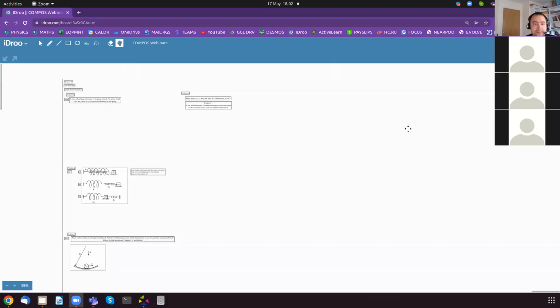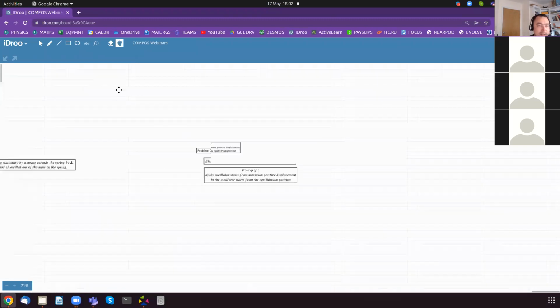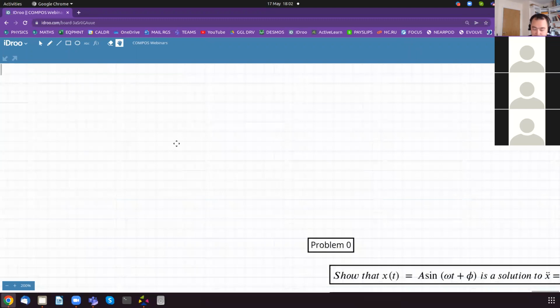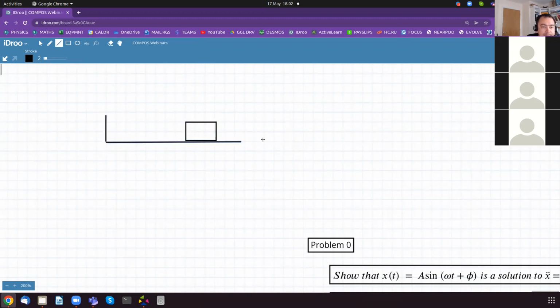to do some problems. Okay, so here's my screen. Let's just define simple harmonic motion. If you could imagine a mass on a spring, and let's say the mass is on the floor, there is a spring.